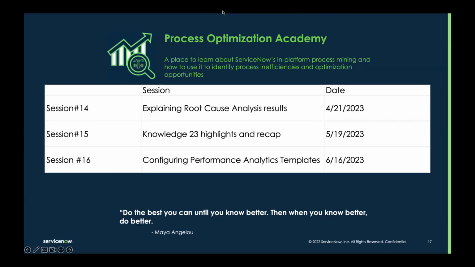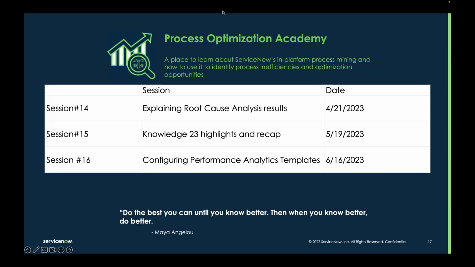For those of you that are not able to get to Knowledge 23 in person, I wanted to bring some of the content, conversation, and insights back and do a quick recap as part of one of these Academy sessions to spread the wealth.